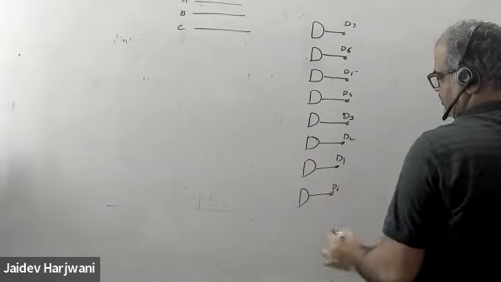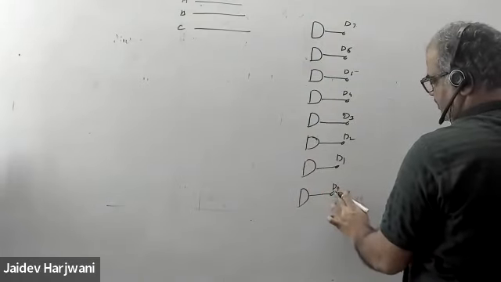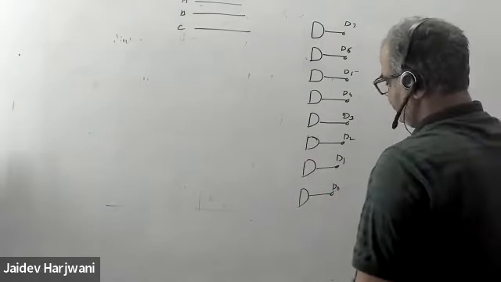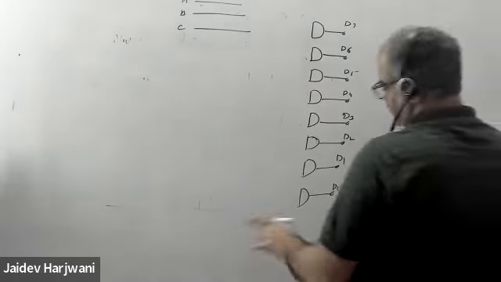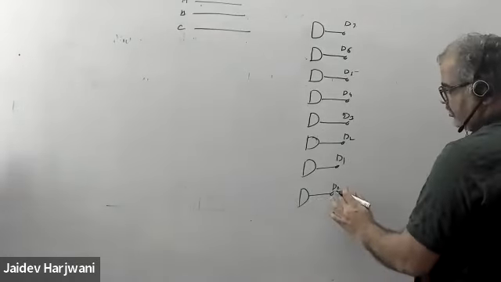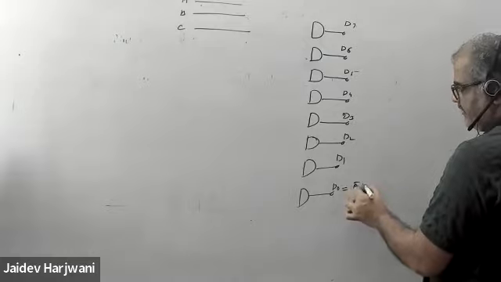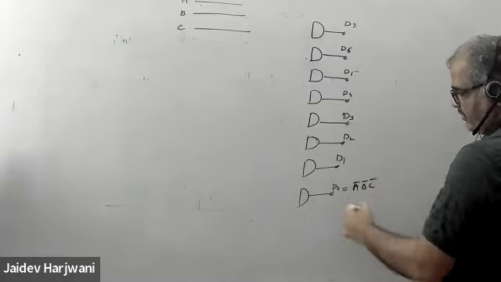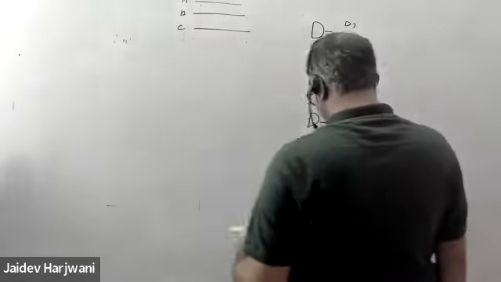this is D0. Okay, so D0, so whenever I give 0 0 0, this output should be high. So obviously I have to put this as A bar, B bar, C bar, because the input is 0 0 0.